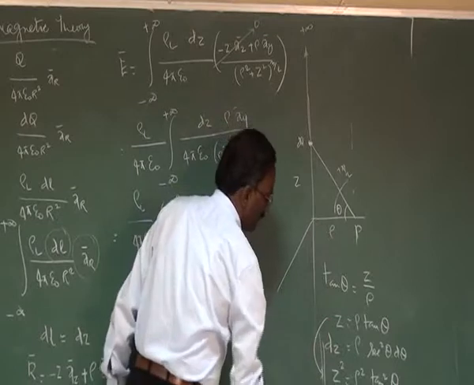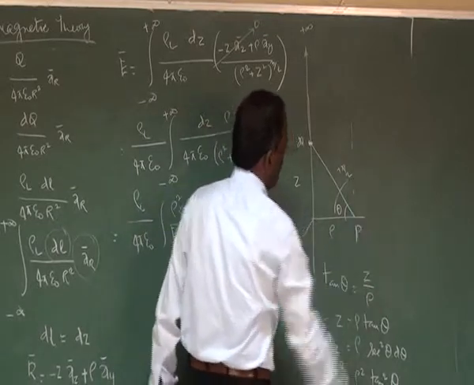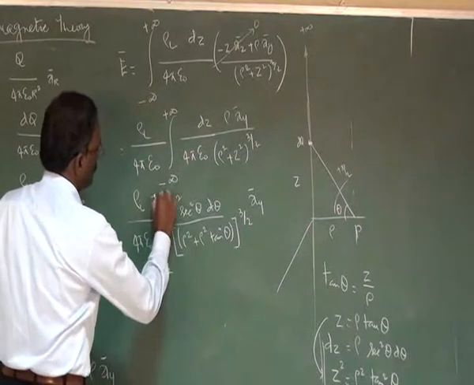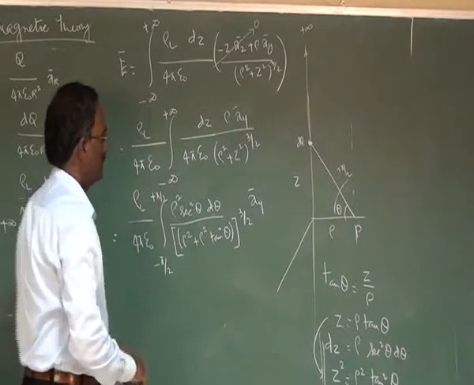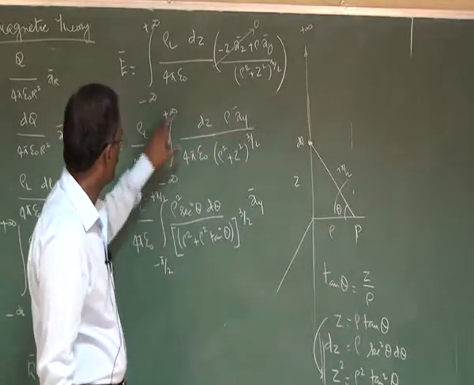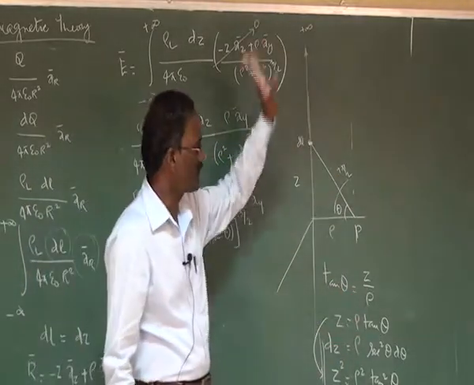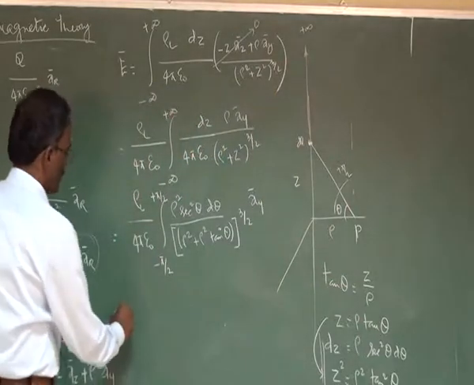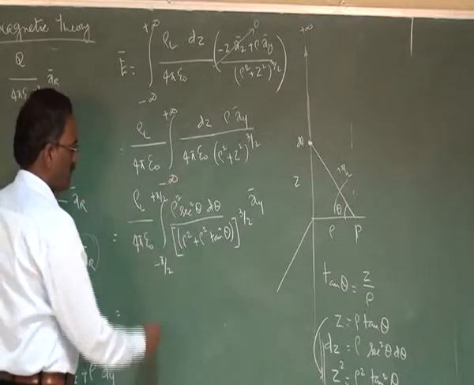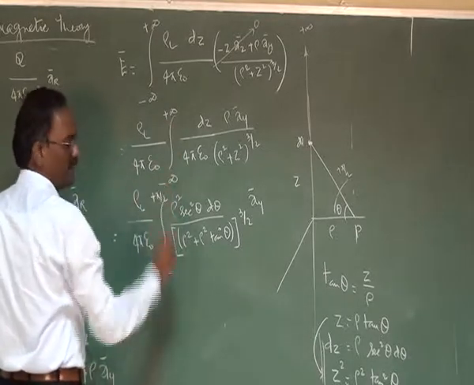If I extend this line to minus infinity, theta will become minus pi by 2. So the limits are minus pi by 2 to plus pi by 2. Minus infinity has been made minus pi by 2 and plus infinity has been made plus pi by 2.